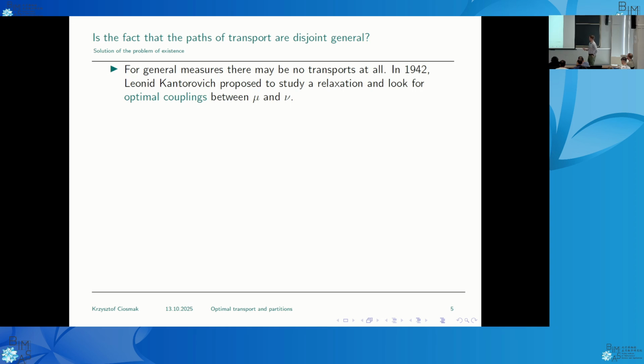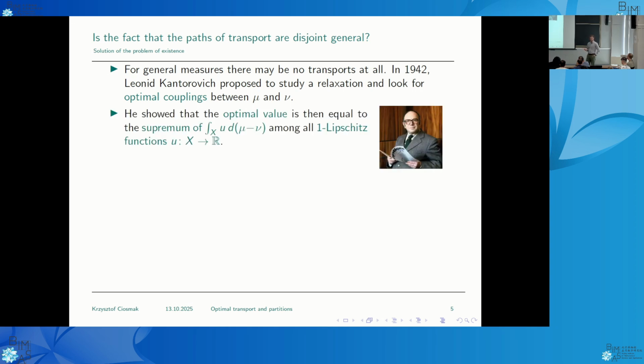This was a contribution of Kantorovich, and another contribution of his was that he showed that the optimal value of the optimal transport problem is equal, thanks to a certain convex duality, to the supremum of integrals of functions u with respect to the difference of the two measures, where the supremum is taken over all one-Lipschitz functions from our metric space X to the real line.